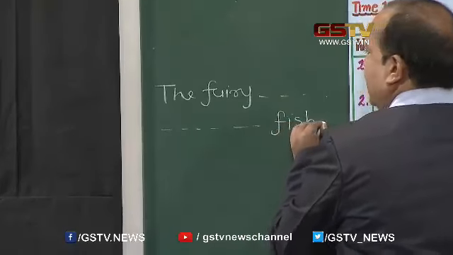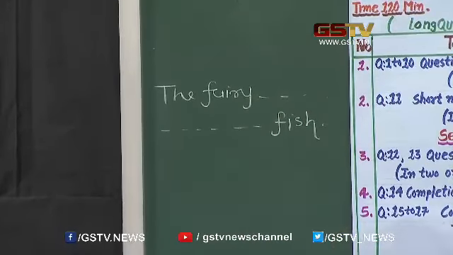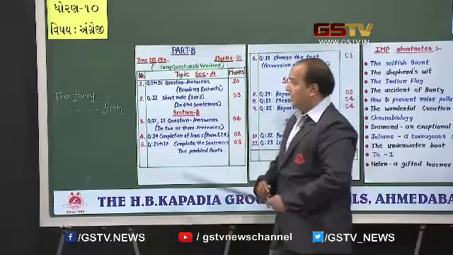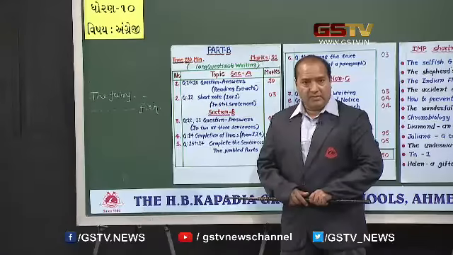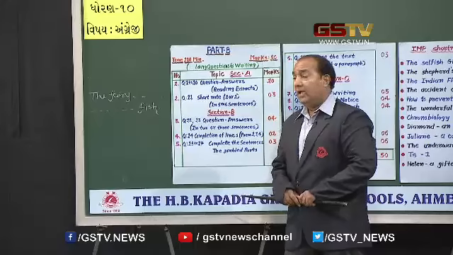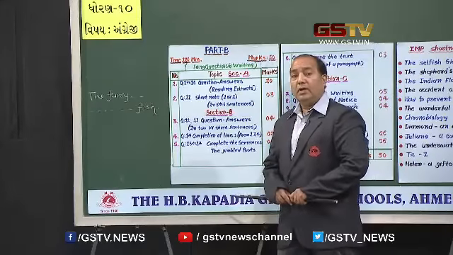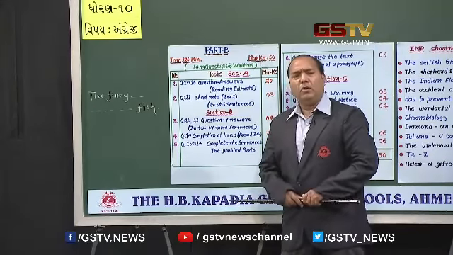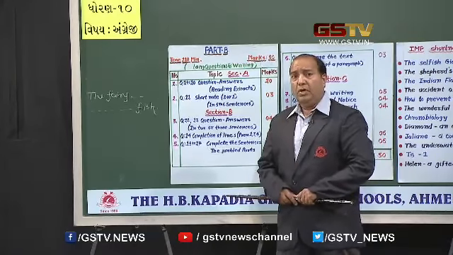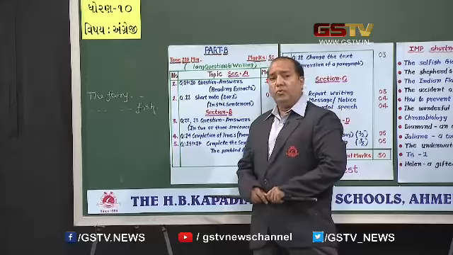Students, first remember this poem carefully and then begin to write in the same way. The fairy went to the market once and she bought a little fish. Only these 2 lines will be very helpful to you to get 2 marks.